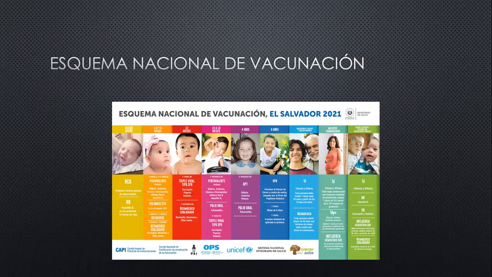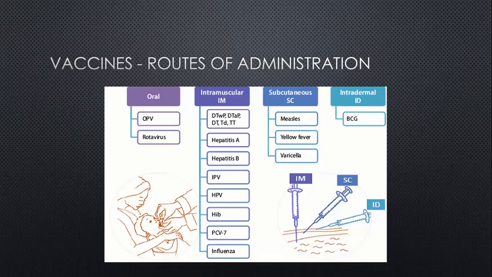And I realized that in El Salvador, they always take into account the HPV vaccine, which is great. I mean, here in Bolivia, we're just getting started with it. Okay. So in Spanish it would be vías de administración. However, in English it would be routes of administration related to vaccines.